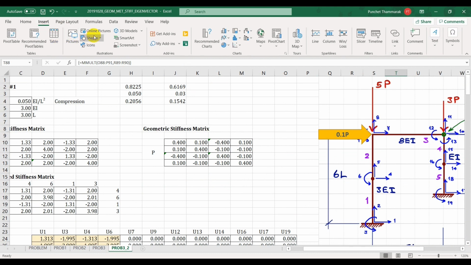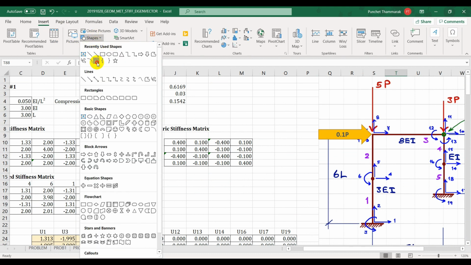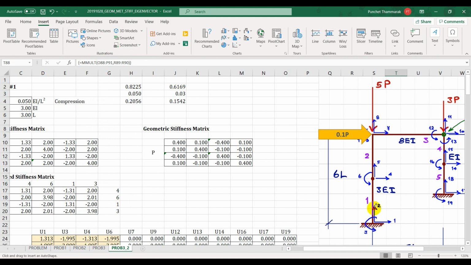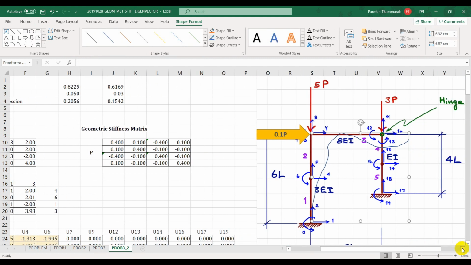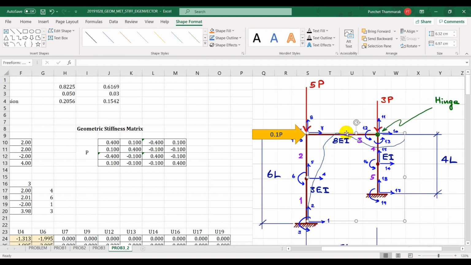I just draw a freehand shape. Free form. So it should be pretty much like this, right? Okay, that end is not restrained. Okay, right.